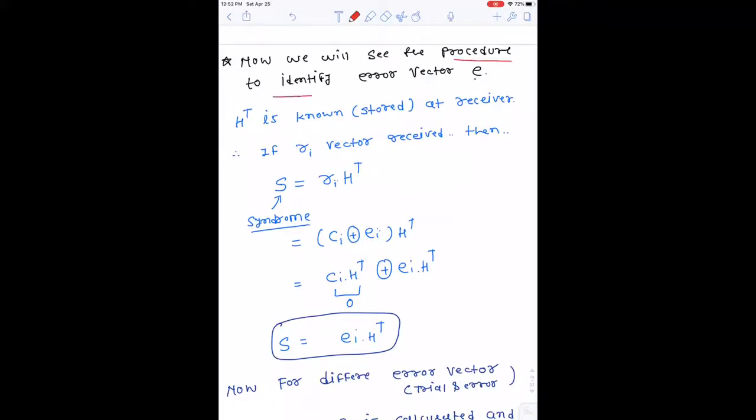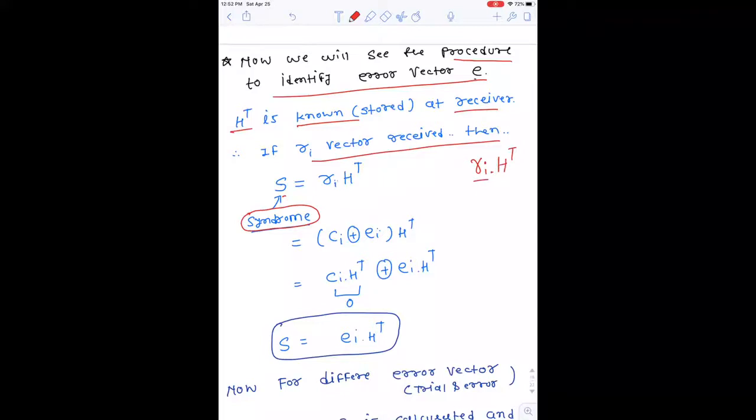Now we will see the procedure to identify the error vector E first. H^T is known. We have already mentioned that the matrix G is shared between transmitter and receiver, and the receiver is able to construct the matrix H^T from matrix G. Now if Ri is the receive vector, then S is known as the syndrome.